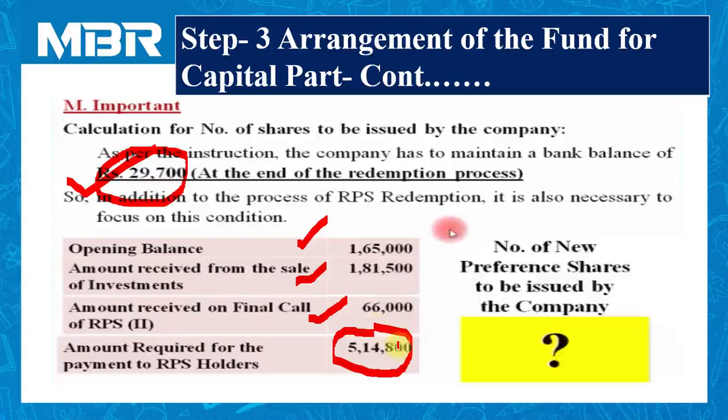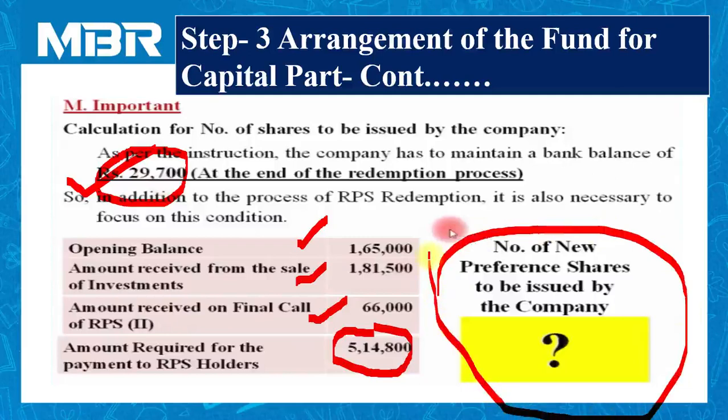But on the right hand side, let me circle the things. Number of new preference shares issued by the company, that we don't know. Now, if you analyze the things, you can easily connect the information in order to calculate number of new preference shares issued by the company. We have 1,65,000 in opening balance.